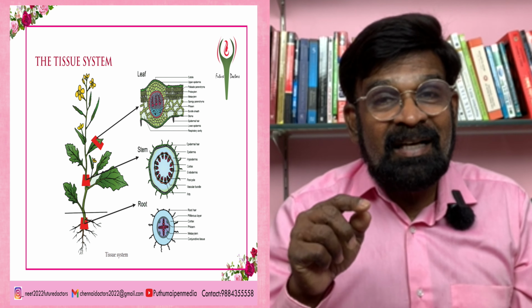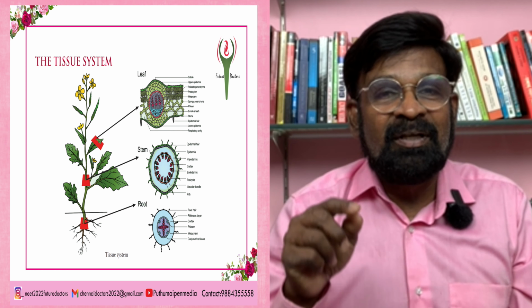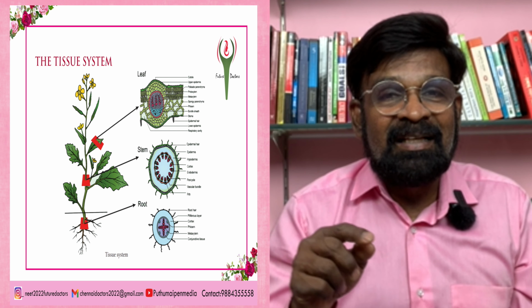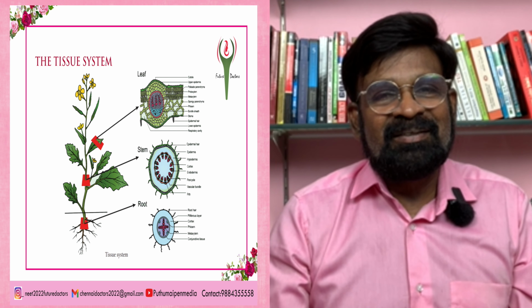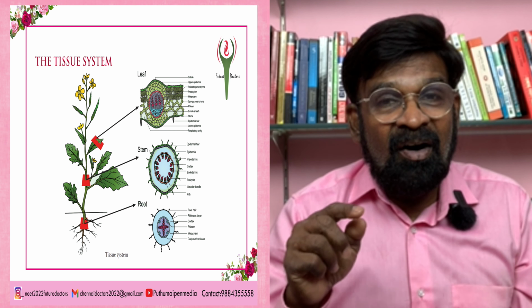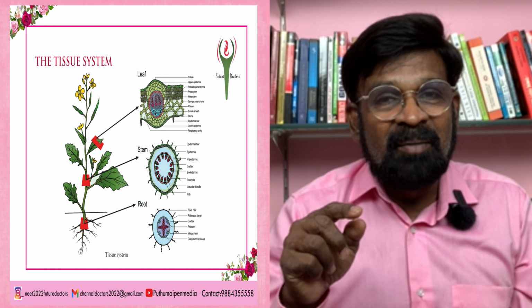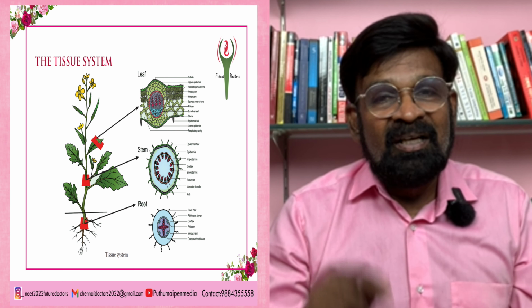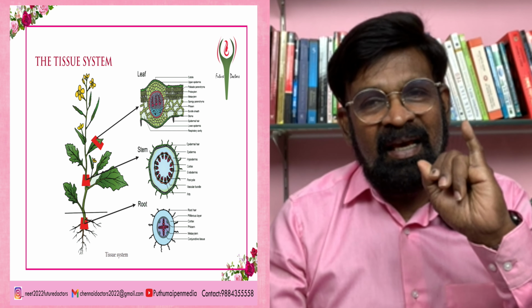The stomatal aperture, guard cells and surrounding subsidiary cells are together called the stomatal apparatus. The stomata are mostly found on the upper epidermis of the leaves. Stomata are of the following types.